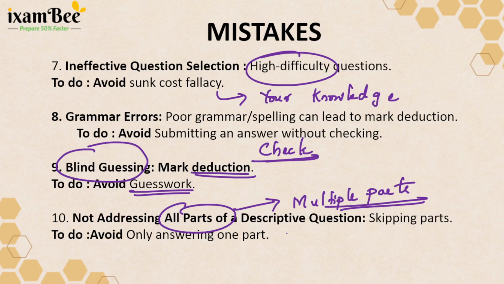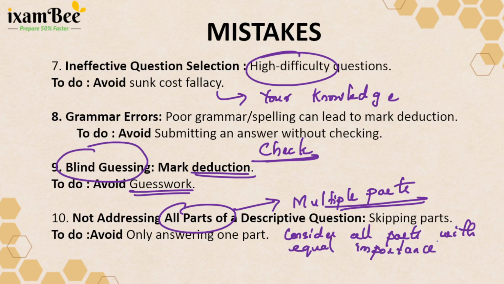So consider all parts with equal importance. This is very much relevant. When you focus on these ideas, you will be able to avoid these mistakes. And if you avoid these mistakes, it will definitely help you to score well in your exams.